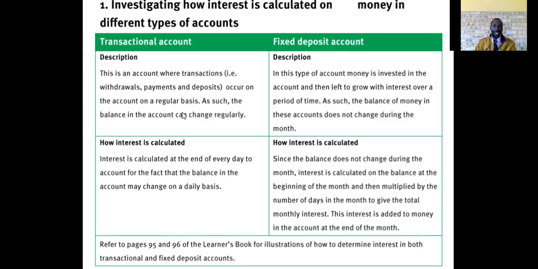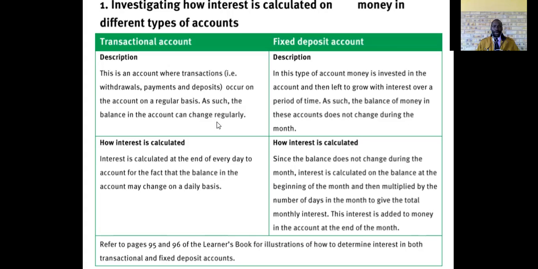As such, the balance in the account can change quite regularly, because you do transactions almost every day. Sometimes you even do it twice a day. Sometimes you skip a day or two, then you do it again.